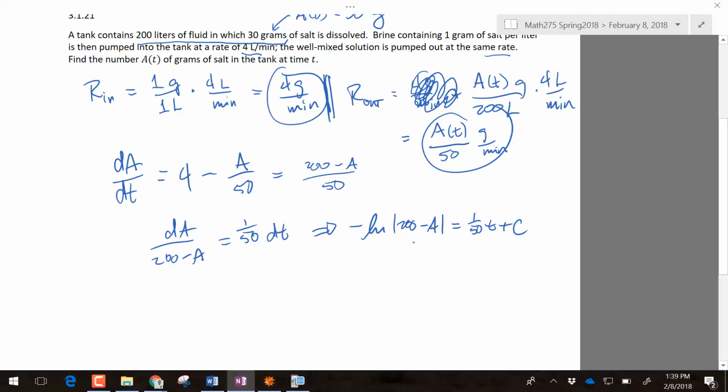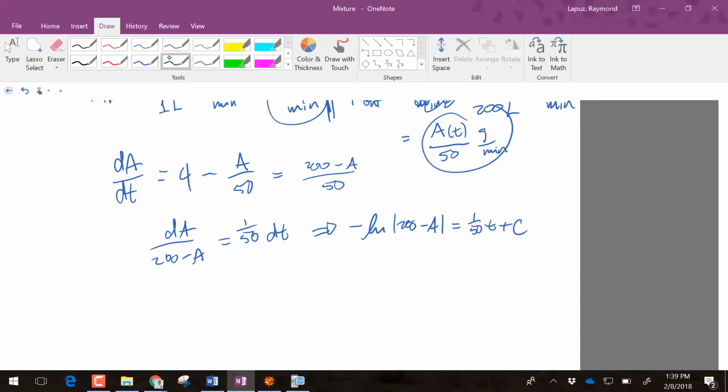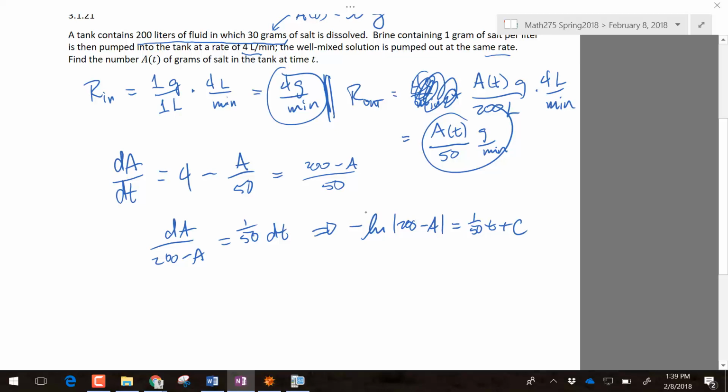What should we do next? You can solve for C at this point. There are different places to solve for C. You can solve for C here, or you can solve for C later. Let's solve for C later. I think if I can take the negative out this way.